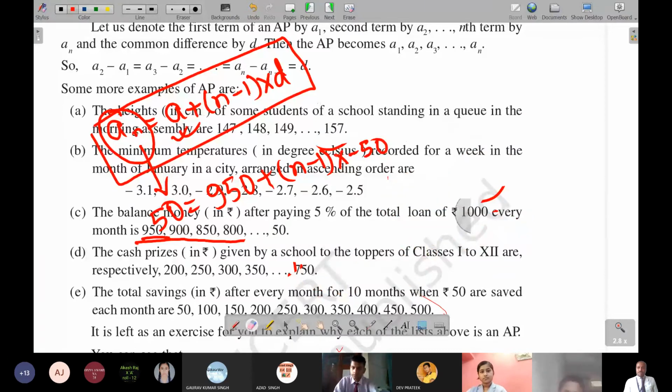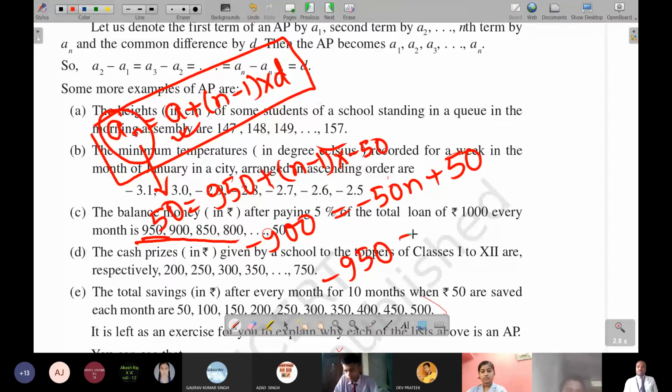When we solve this, 950 will come to this side, then it will be subtracted, so it will become minus 900 is equal to n minus 1 into minus 50. Then again the sign will change: minus 950 is equal to minus 50 n, and minus minus got cancelled.